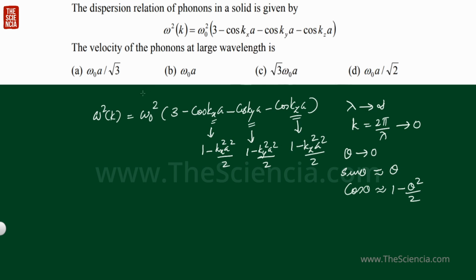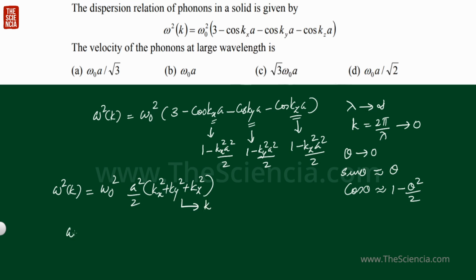So substituting these values here, we get omega square of k is equal to omega 0 square. So here 3 minus 1 minus 1 minus 1, so that 3 cancels. The remaining we get a square by 2 into kx square plus ky square plus kz square, where kx square plus ky square plus kz square is nothing but k square, right?